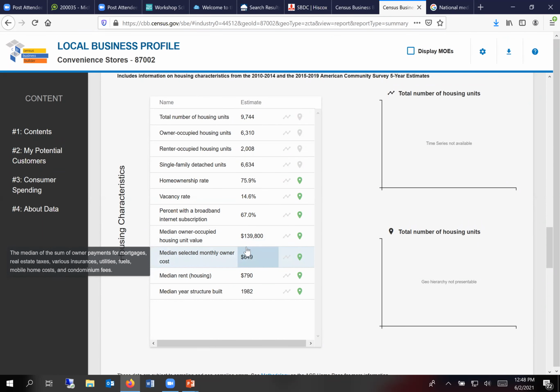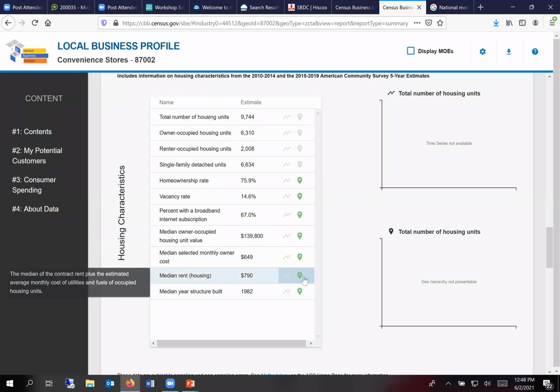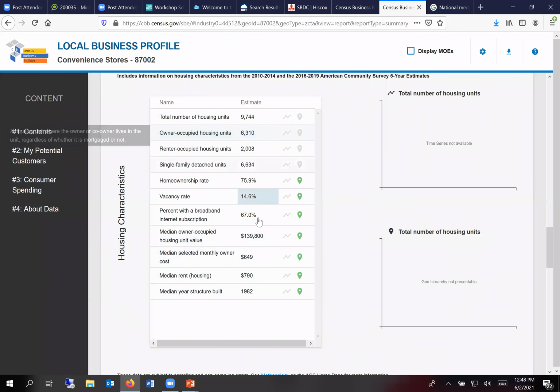And that's just a rule of thumb too. If I was a plumber, I might want to go into a place that had expensive homes that are old. The houses in 87002 seem to be pretty new. Maybe I want to go into a place like Santa Fe, where I think the median year structure was built is like 1960.